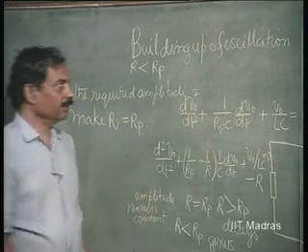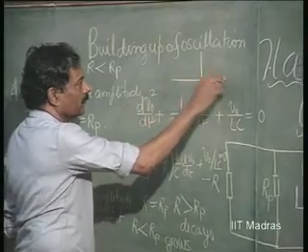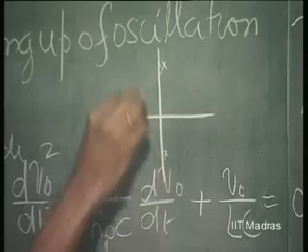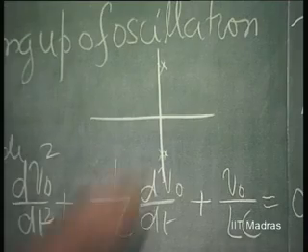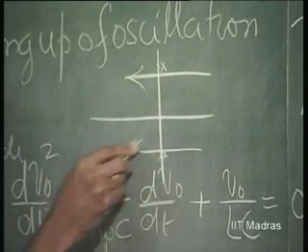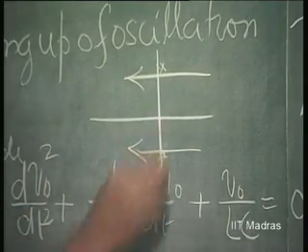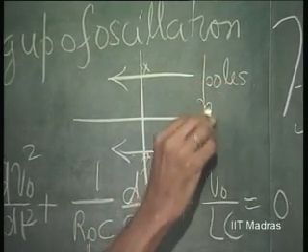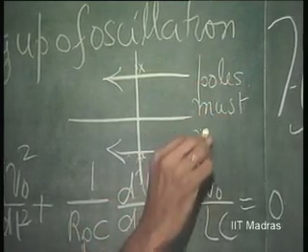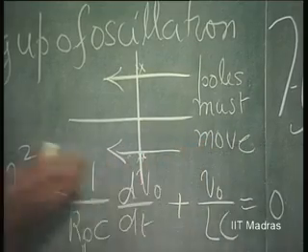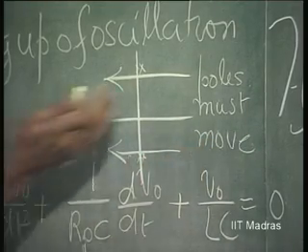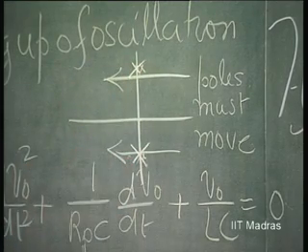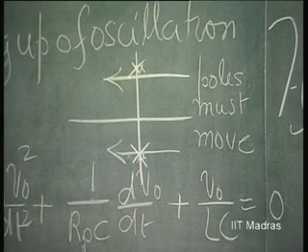Then gradually, if this is the S plane, somewhere here, let us say, it will come and lie exactly on the imaginary axis. This is how poles have to move: as amplitude builds up, the poles must move this side and lie exactly on the imaginary axis at the required amplitude of oscillation.